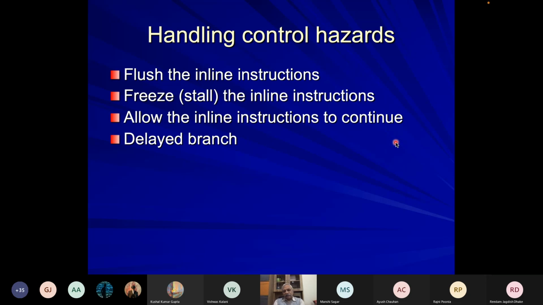The next is delayed branch. That means you assume that the branch will be delayed. I'll explain that in terms of timings. What it actually means is that some instruction, typically one but sometimes two instructions after the branch, that is in the inline stream, are always done irrespective of the branch decision.